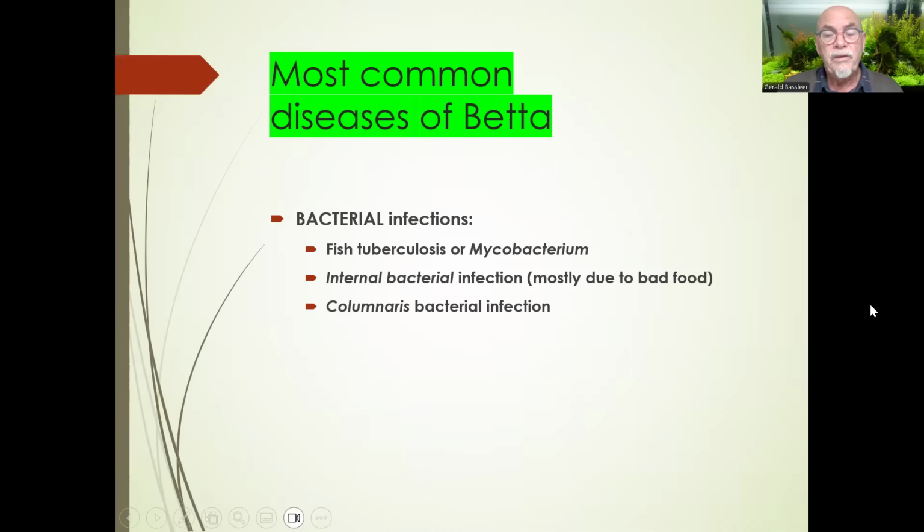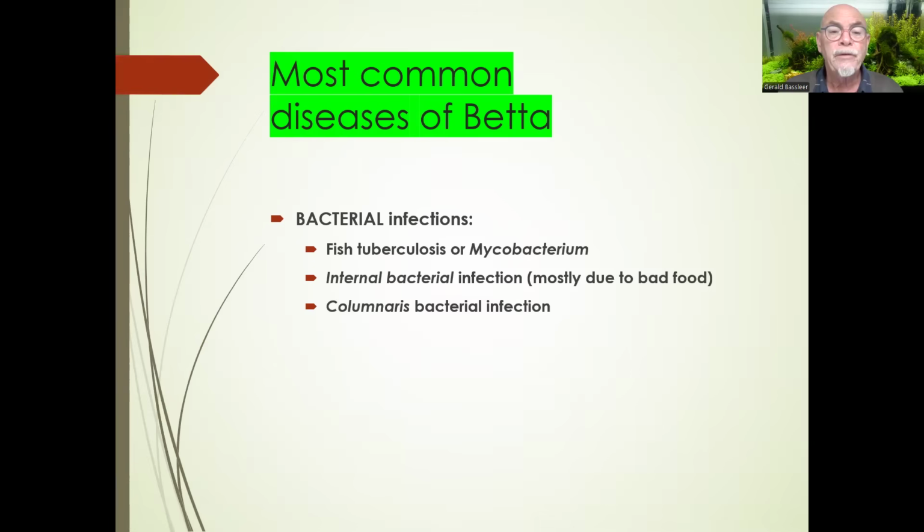The most common diseases which I found in my practice as a fish doctor are bacterial infections. First of all, fish tuberculosis or mycobacterium, very common. Internal bacterial infection, that is mostly due to bad food or bad feeding practices.